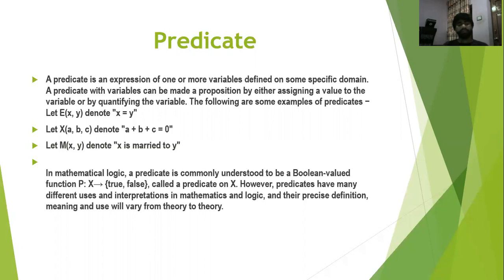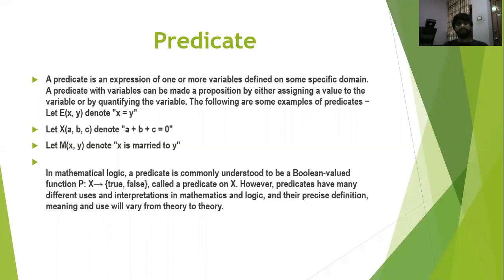In mathematical logic, a predicate is commonly understood to be a Boolean valued function P: X to true or false, called a predicate on X. Here X is a set and its values may be true or false because there is a condition in this set.